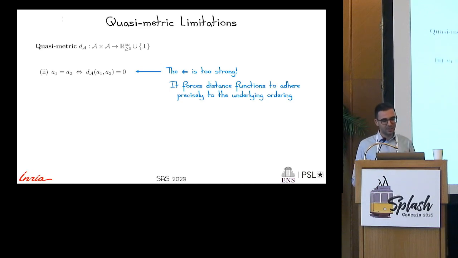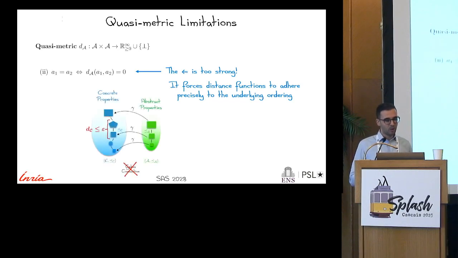But in this case, the left implication is too strong, because maybe we are interested in formalizing a distance which is an approximation, approximating the computation of the distance between two elements. So the distance may even return 0 on two elements that are not equal, because the distance itself is seeing the two elements as equal.